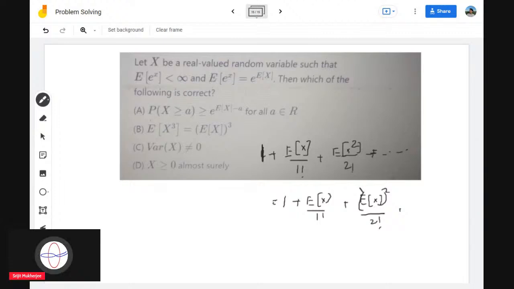If the variance is 0, that's a constant function with probability 1. We don't know what the expectation of x is, but its variance is clearly 0.